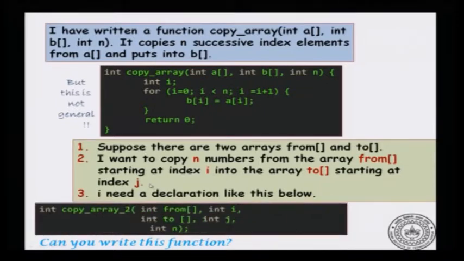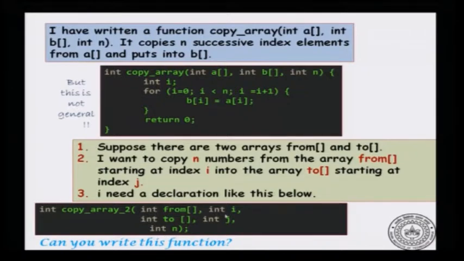So I need a declaration like the following. I have int copy array 2, the second function I am writing, with from, i, to, j, and then n is the number of elements to copy.